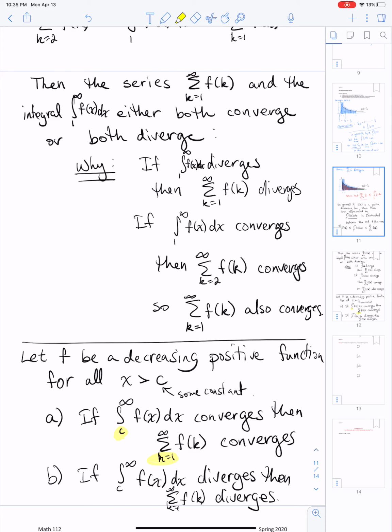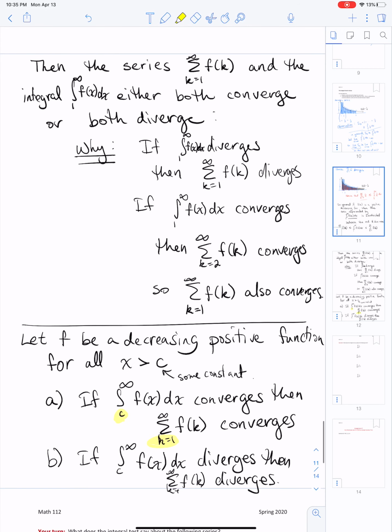So the idea is that if you see a series and the terms correspond to values of some function, then you can use this test to decide whether or not the series converges or diverges. The nice thing here is that by computing the improper integral, you get to conclude convergence or divergence. You're not limited in the way the divergence test was limited.